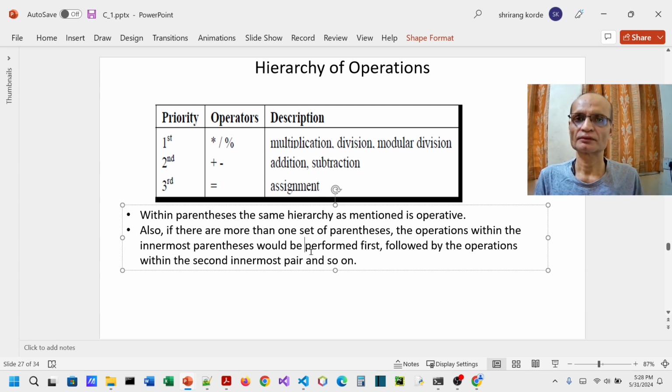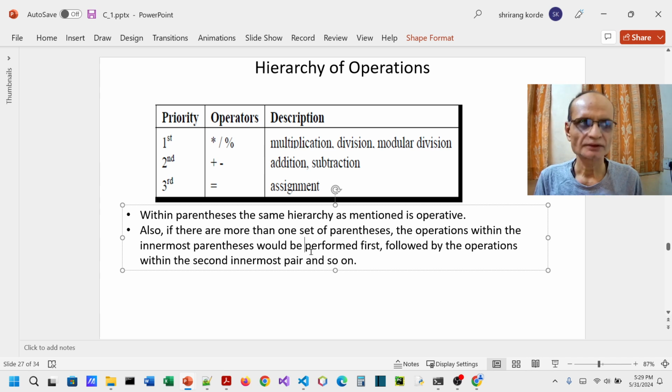That means whether it is a parenthesis within a parenthesis or not, the priority of the operator remains the same. However, the innermost one will be considered first, and accordingly things will happen.